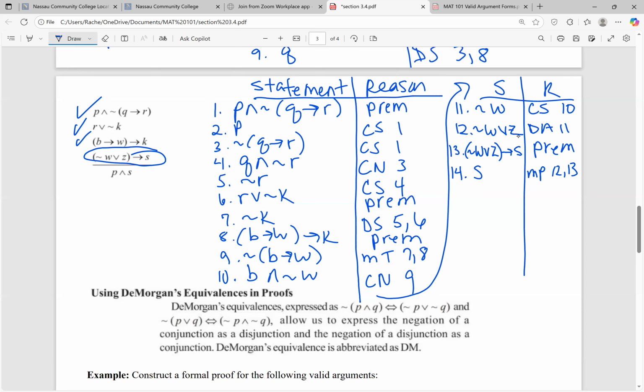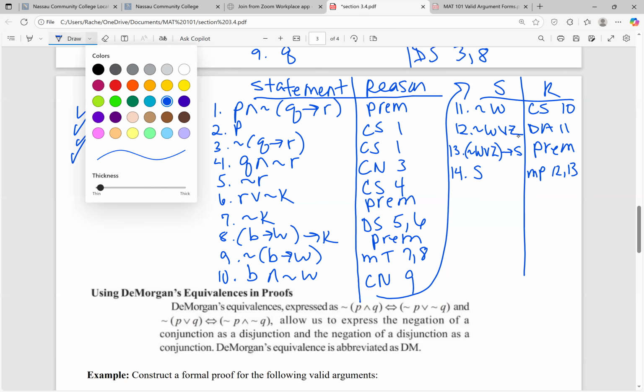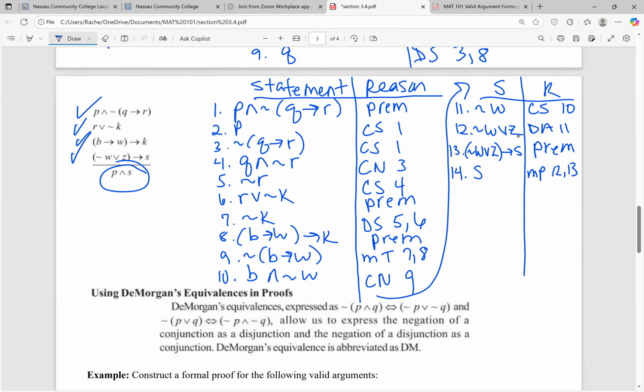Now, the only thing left is to show that our conclusion is true. Our conclusion is P and S. But if you look carefully at the formal proof table, statement 2 states that P is true, right? And statement 14 states that S is true. So both P and S are true.